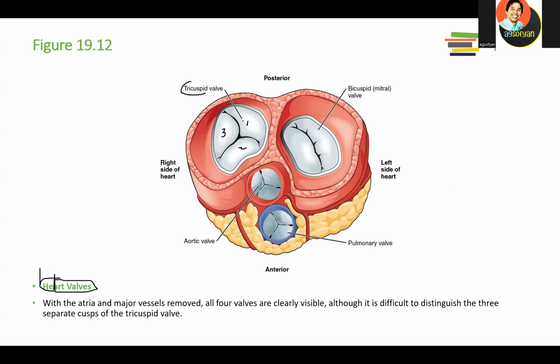This is on the right side. This is called the tricuspid valve, which is connecting the right atrium and the right ventricle below this valve. On the other side, you see only two cusps over here.